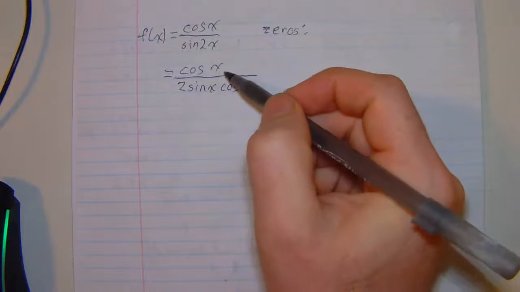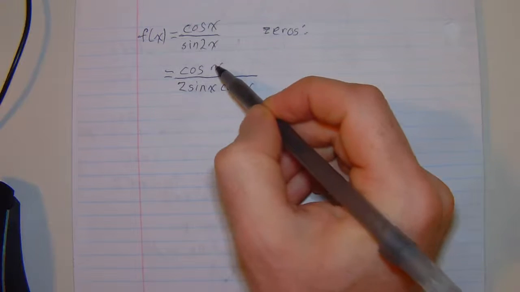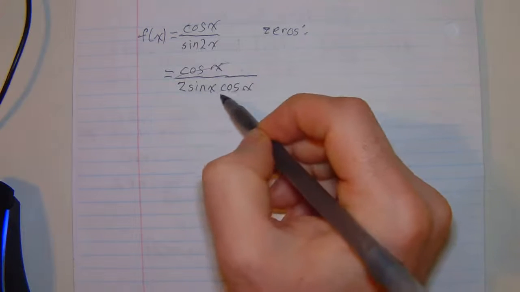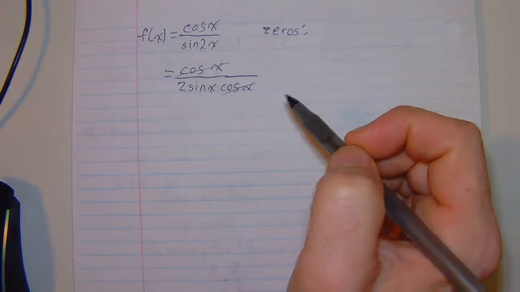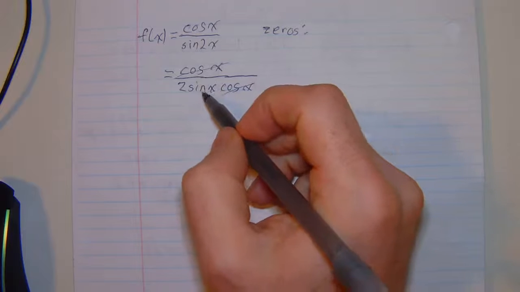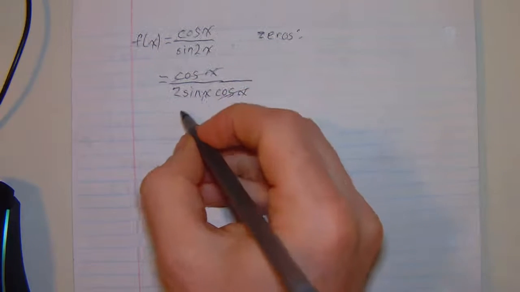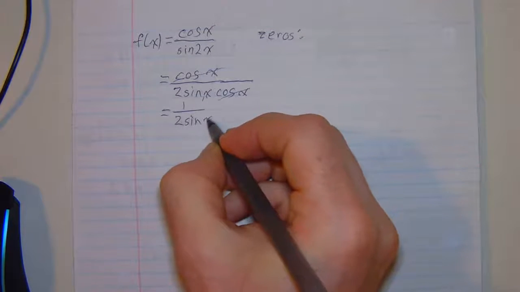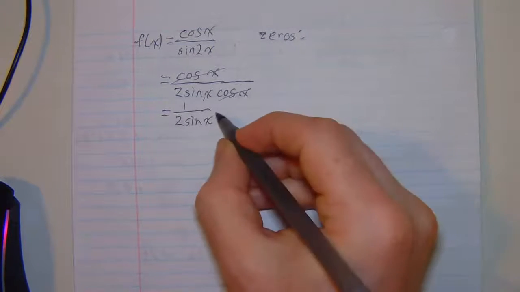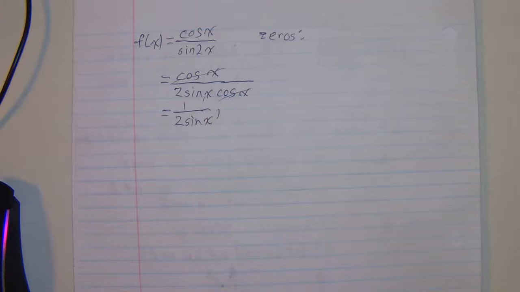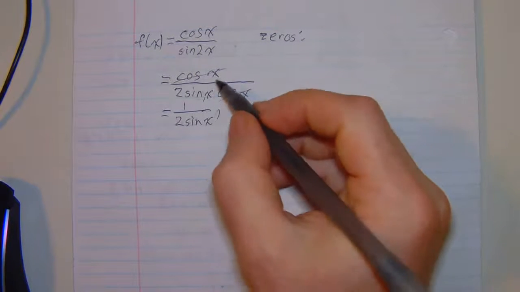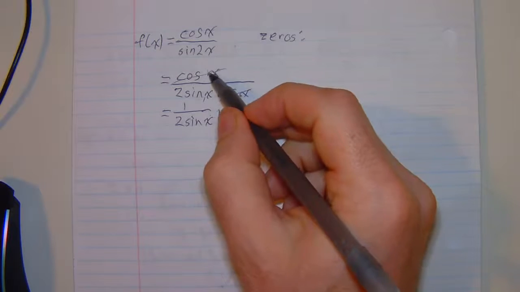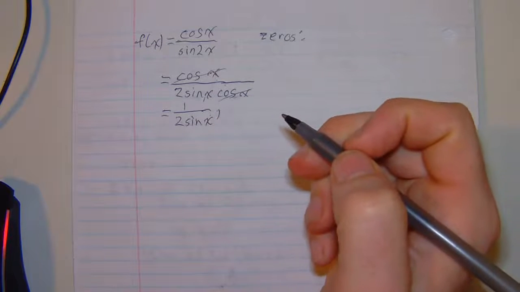And now we're in this whole situation. Cos x is going to cancel out, and we're going to end up with 1 over 2 sine x. Now, here I need to be careful because these two functions are almost the same, except anywhere that cosine x was 0, because you can't cancel 0 divided by 0.